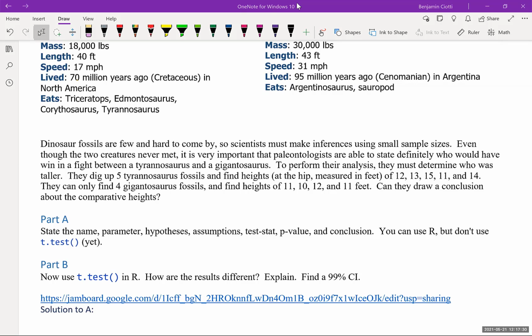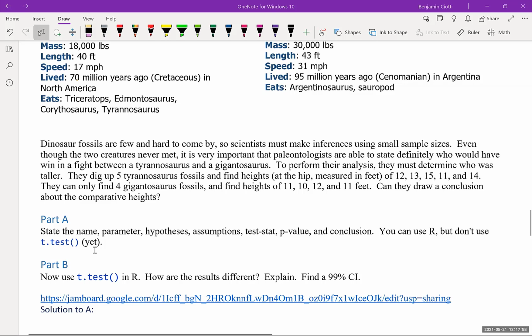Now there's 5 pages in the Jamboard. I'm going to make 5 groups. So group 1 should use page 1. Group 2 should use page 2, etc. Does it tell you the name of which group you're in? Guess I'll find out. Okay, good. Great, thanks, Jim.